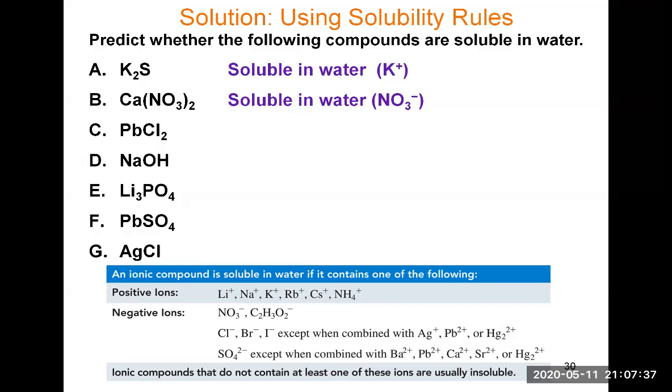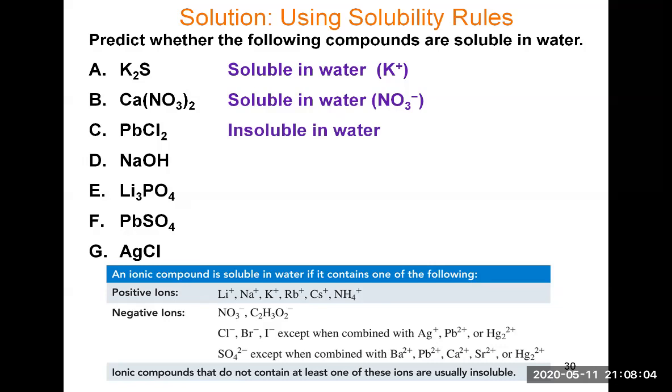However, we need to look at the exceptions because there are exceptions in the case of chloride, except when combined with silver, lead, or mercury. So that means when chloride is combined with lead, it is not soluble. It's an exception to the solubility, and that's going to be insoluble in water.